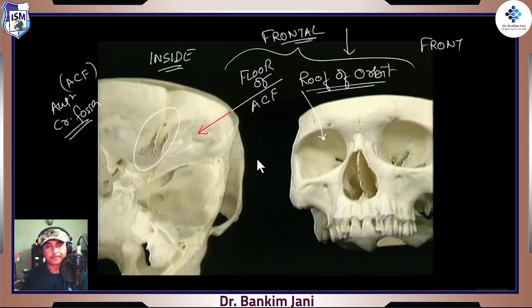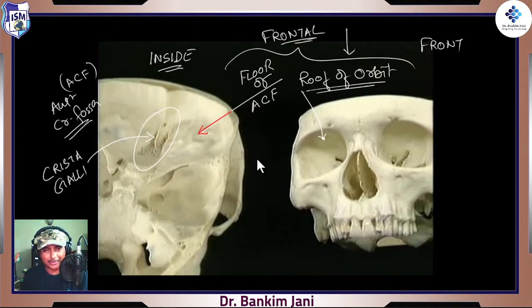This portion, right? A sharp ridge in between, and then there are perforations, those small dots. This is what is called the Crista Galli. This Galli actually means a narrow passage.